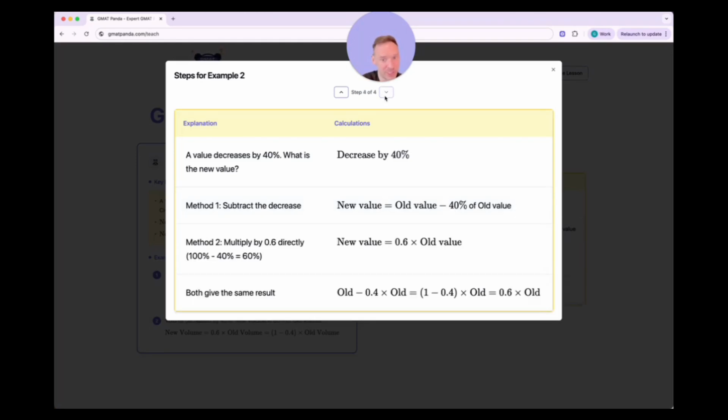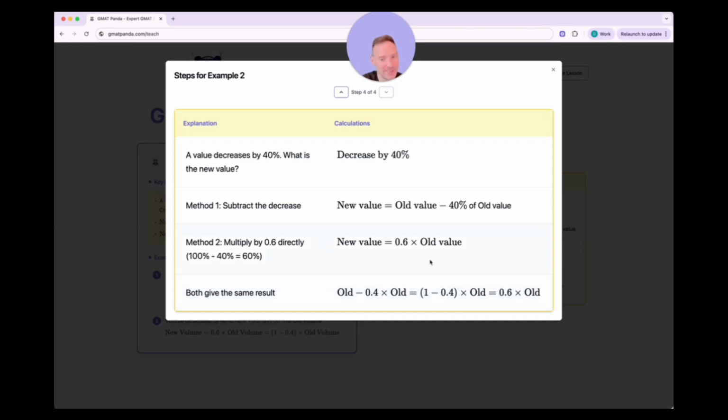And just like there is a shortcut for adding, there is also a shortcut for subtracting. So when something decreases by 40%, you can write that as minus 0.4 times the old value. But then when we factorize that together, 1 minus 0.4 becomes 0.6.